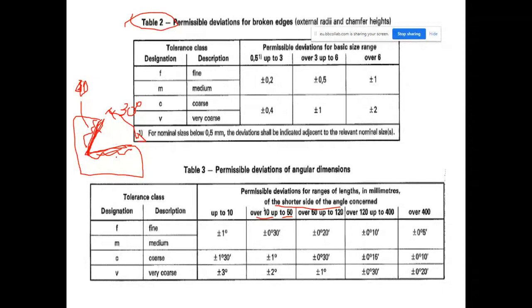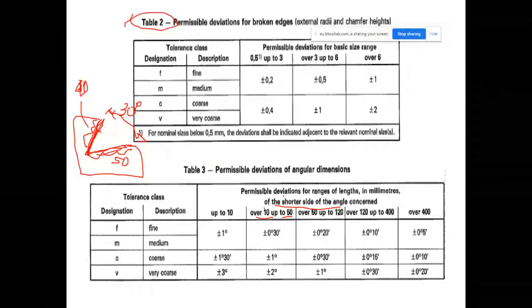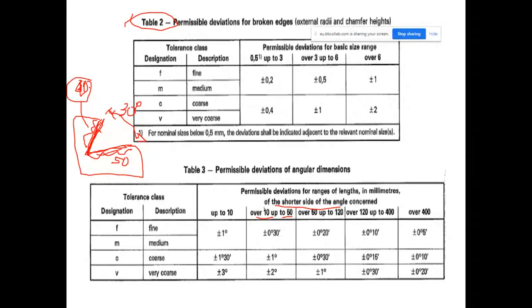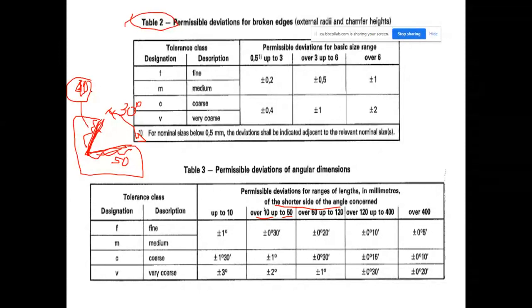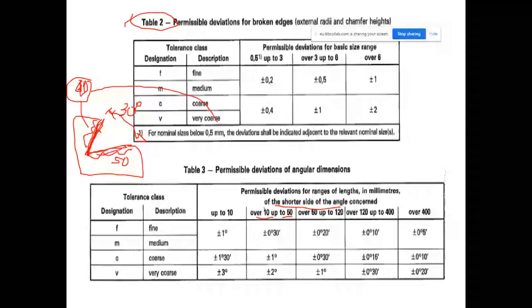Let's say it is 50. Then the standard says to consider the length of the shorter edge of the angle as nominal size. In our example, the shorter side is this side, so it is located in the range.